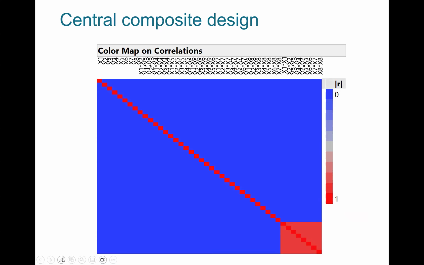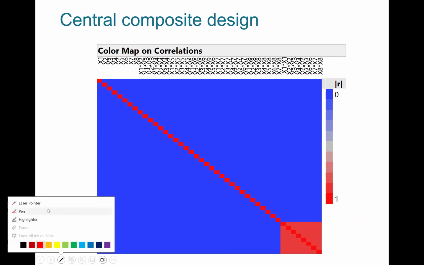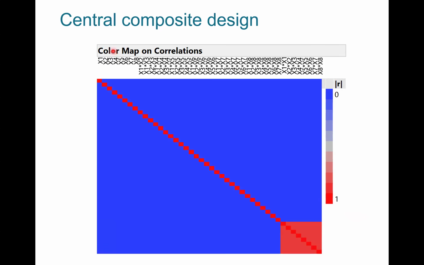If you're new to design of experiments, you might never have seen such a color map. But the important thing in the color map is that, first of all, it's about the X values that you study in your experiment. And here you can see I have 8 X's. So I created the graph for an experiment with 8 factors. If you have 8 factors, you have 28 cross products of 2 X's.